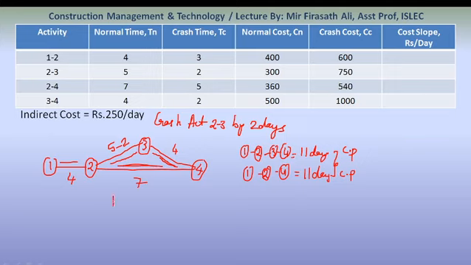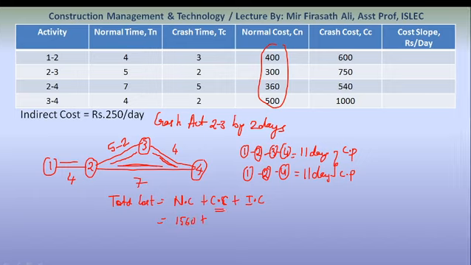Now let us calculate the total cost. Total cost is normal cost plus crash cost plus indirect cost. What is normal cost? Addition of all these: 400, 300, 600, 360 plus 500, which is 1560. This is the same 1560.